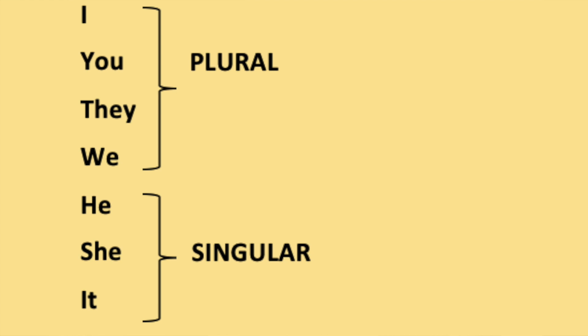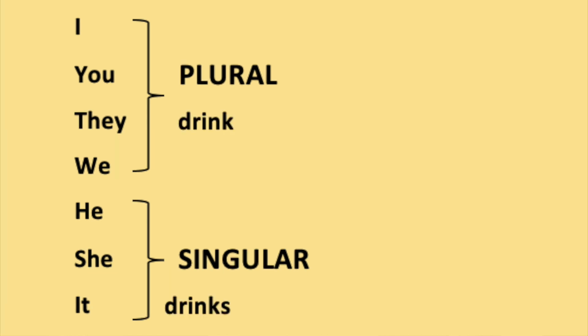Subjects may be I, you, they, we, he, she, it or any name. Okay. Suppose the verb is drink and if the subjects are I, you, they, we, you should use drink itself. Okay. And if the subjects are he, she, it, you should use drinks.